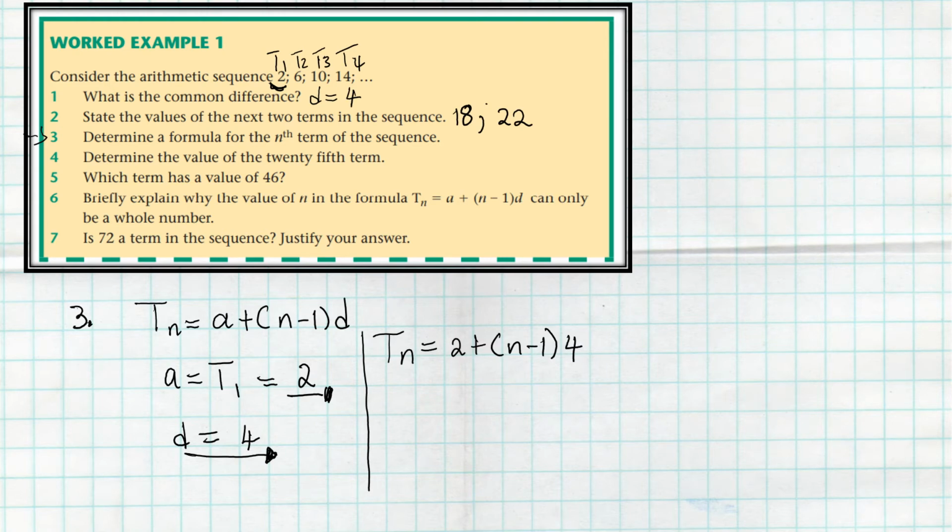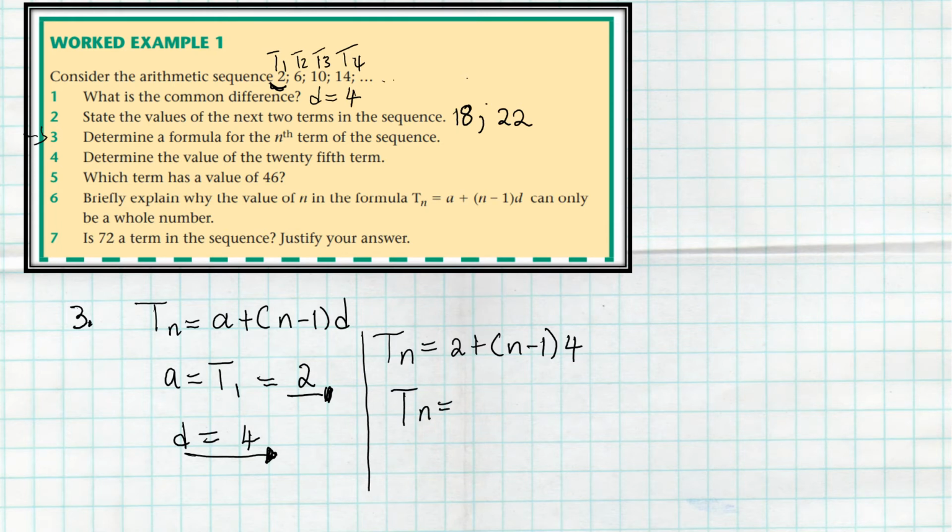Someone might ask, why are we not replacing n? We don't know how many terms there are, because this sequence goes to infinity. Hence these dots show it's going to n terms. Also, this is the general formula, so it's in terms of n.